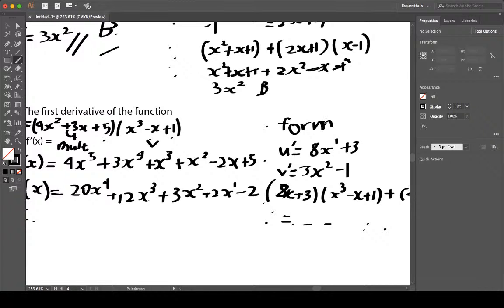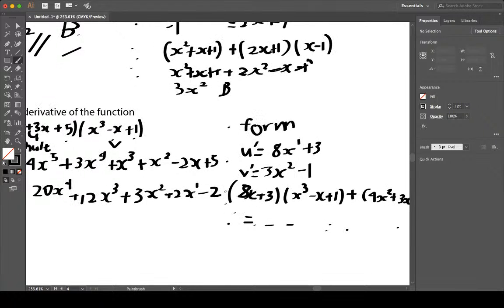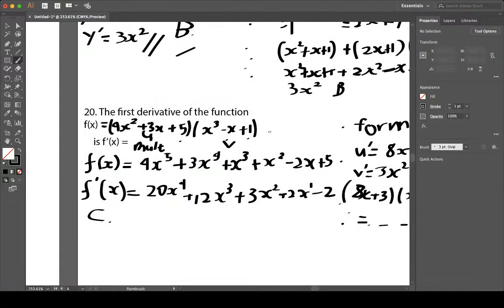But for this case, you just need to know the situation, because not every time you need to use the formula, since sometimes using the formula would make things much harder. After you multiply it, you also need to add it as well. So I would rather just multiply it straight away and then derive them all. That's how I do it.